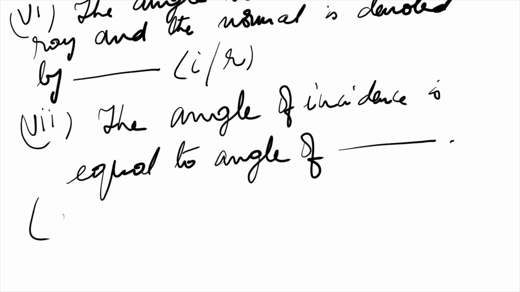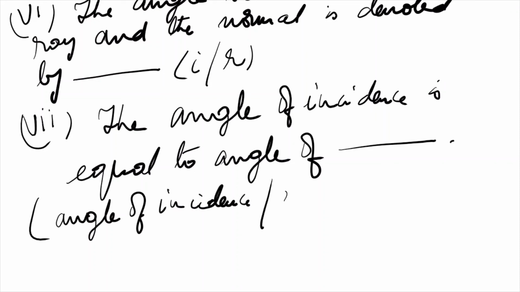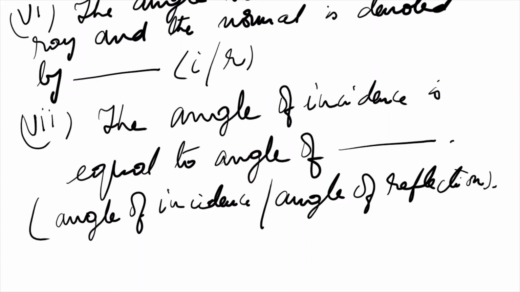Options are given. Now do this small exercise, go through the lesson thoroughly, understand the concept and write down the fill in the blanks with the correct option and keep ready.